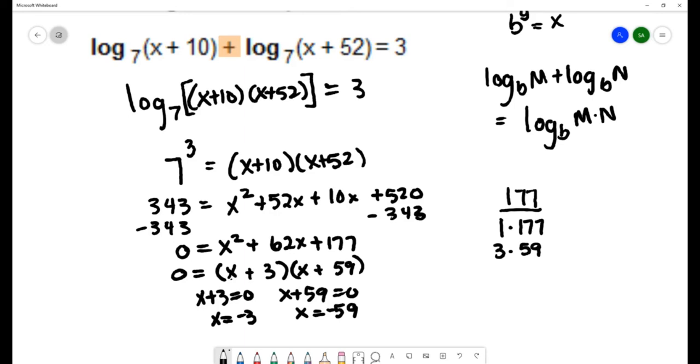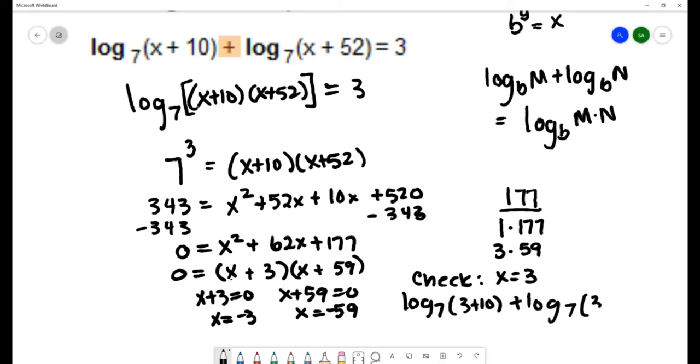Then I need to check both of these to make sure that they're in the domain. So let's check x equals negative 3. That's log base 7 of negative 3 plus 10 plus log base 7 of negative 3 plus 52.